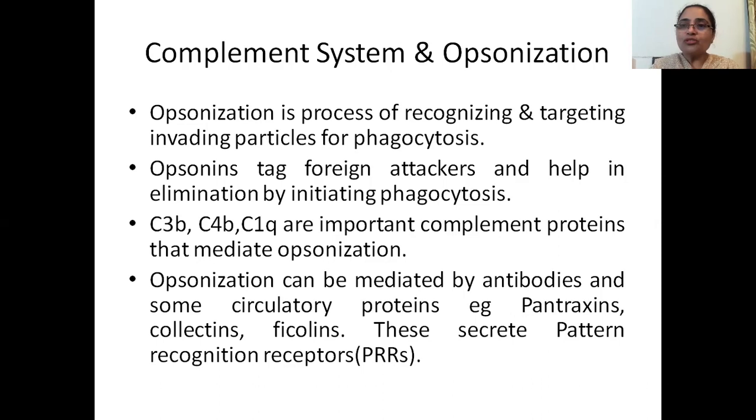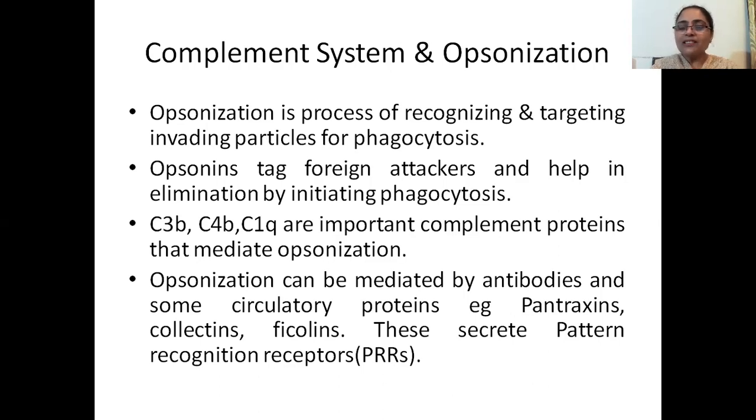So these opsonins help in tagging them and creating a path through which they can be phagocytosed. Tagging and then taking up: taking up becomes easy for phagocytes if opsonins tag them.